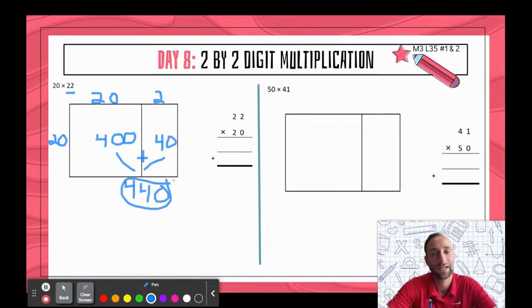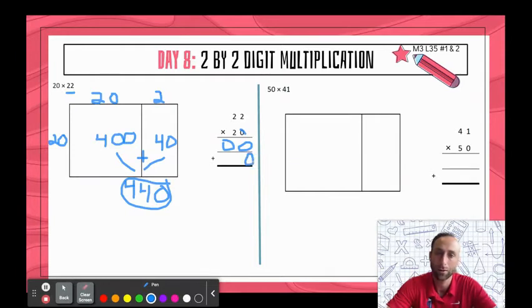Let's take a look at the standard way. Anything times 0 is 0. 0. Now, after I'm done here, I'm going to cross it out, and then what do I have to do? It's that really important step. Excellent.